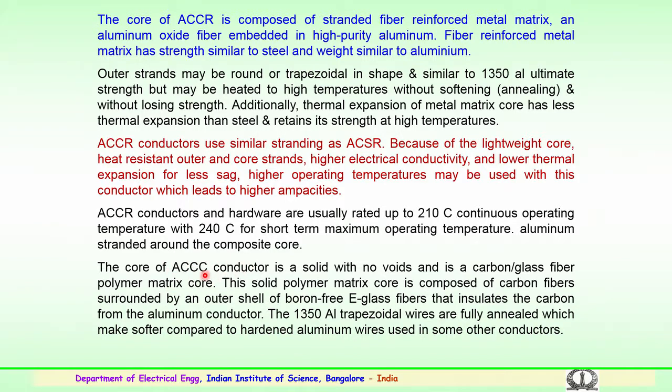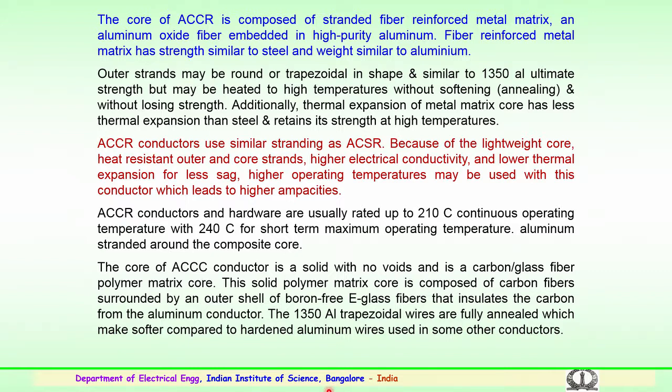The core of this high temperature conductor, or ACCC conductor, is a solid with no voids and is a carbon or a glass fiber or a polymer matrix core. It could be any one. This solid polymer matrix is composed of carbon fibers surrounded by an outer shell of boron free E-glass fibers, which insulates the carbon from the aluminum conductor.